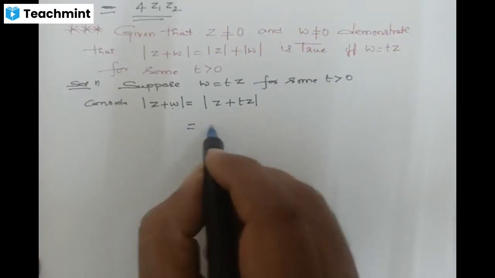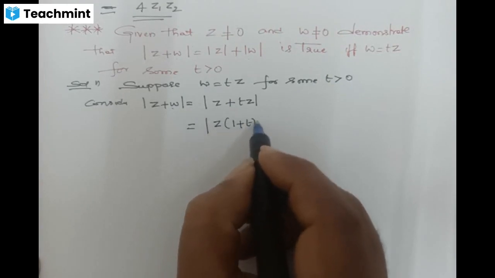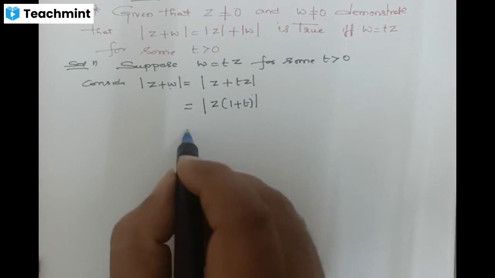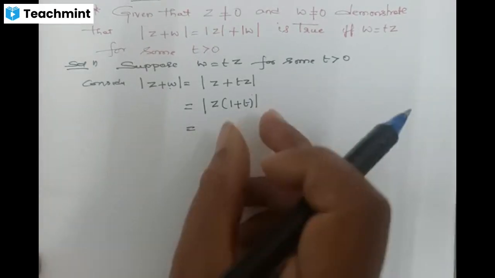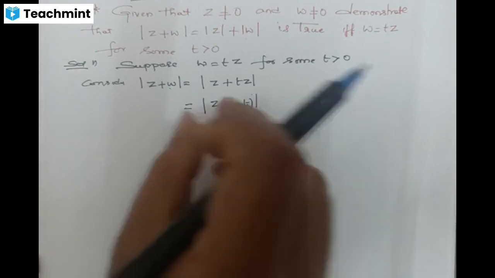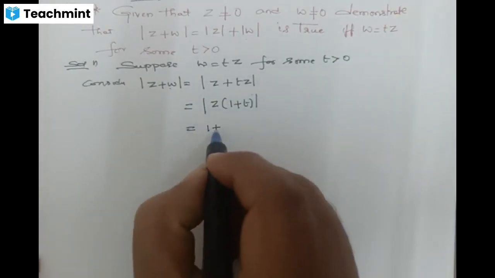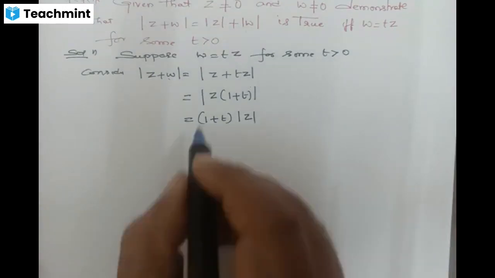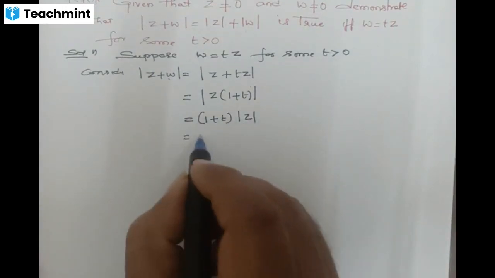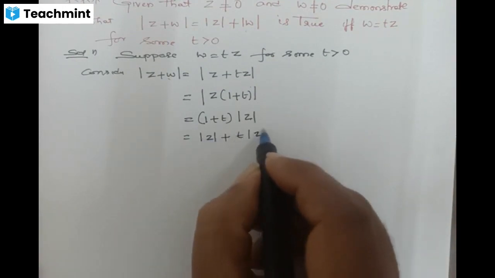Next, equal to, what is common is z. We can write z into 1 plus t. Next, this is equal to, 1 plus t is not a complex number, it's a real number. I can write it outside the modulus, that is 1 plus t into modulus z, then multiplying, 1 into modulus z is modulus z plus t into modulus z.